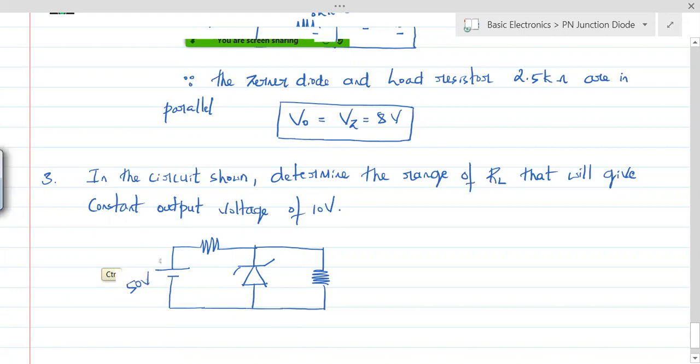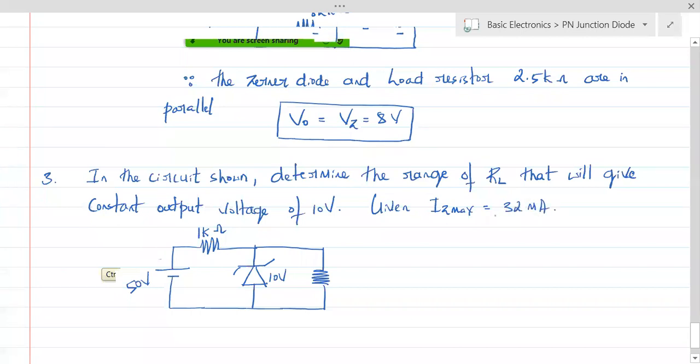This is 50 volts. 1 kilo ohm is Rs. Vz is 10 volts, and they've given Iz max equal to 32 milliamps.